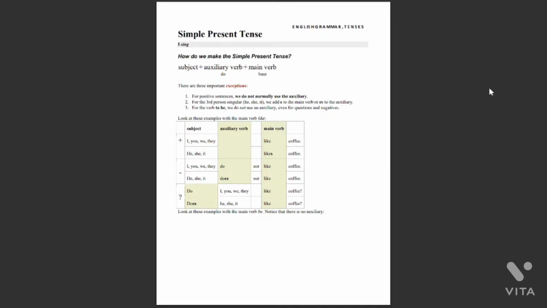And does he like coffee, does she like coffee. This is a variation. Look at these examples with the main verb. Notice that there is no auxiliary in the positive. So this is the simple present tense.